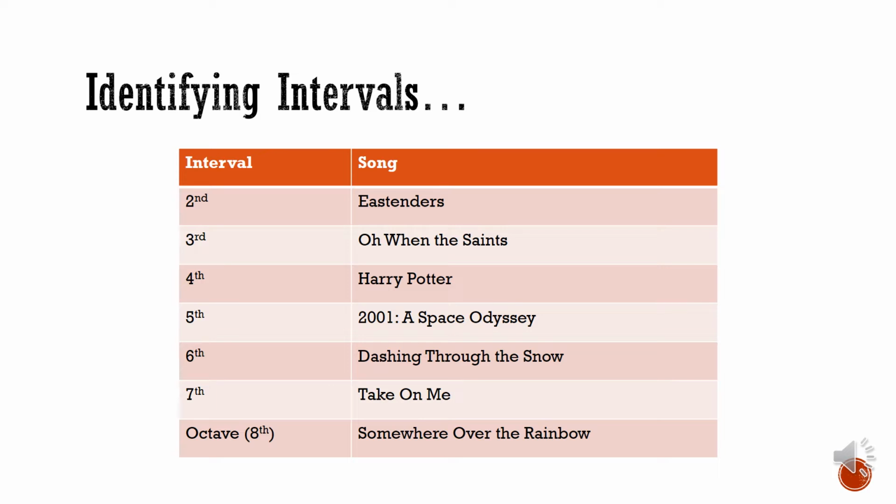We've got a seventh, which sounds like the song Take On Me. And finally, we've got an octave or an eighth, which sounds like Somewhere Over the Rainbow. So those are all our intervals.